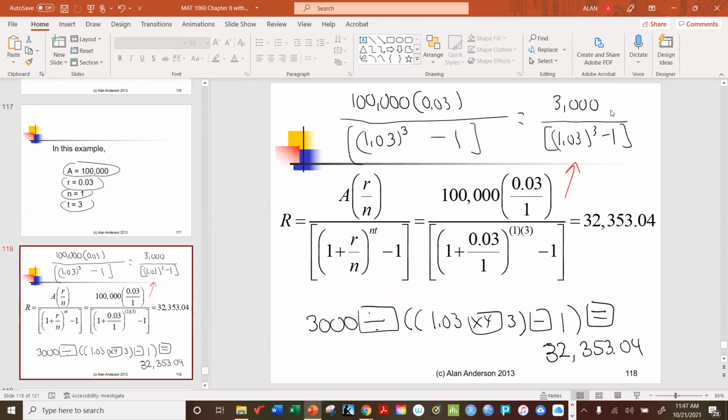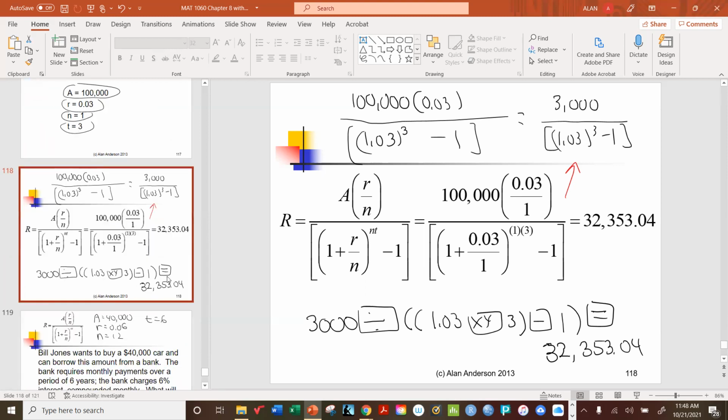That won't be too difficult here. You can see in the numerator, we have $3,000. In the denominator, we have 1.03 to the third power minus 1. Now, because it might be just a little bit simpler, this is a case where parentheses might actually be the quickest way to go. You've got a constant in the numerator, but you have to be aware that you're going to need more than one set of parentheses.